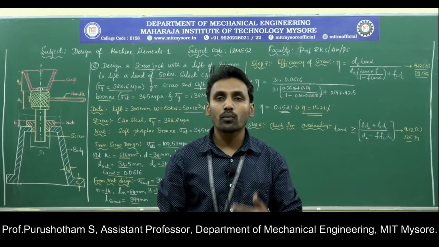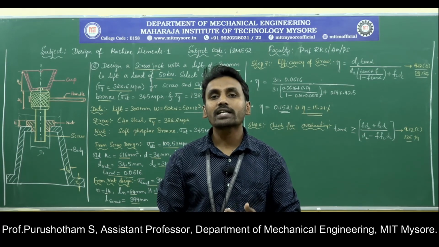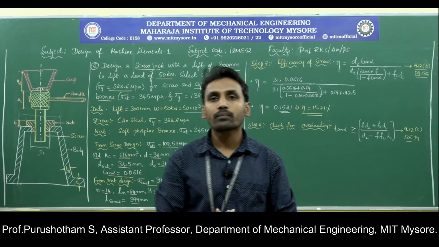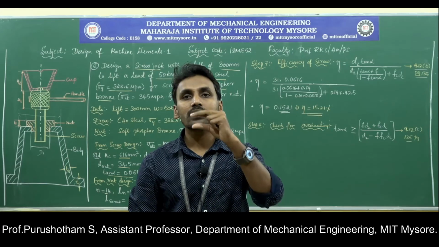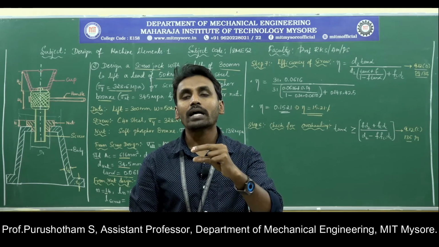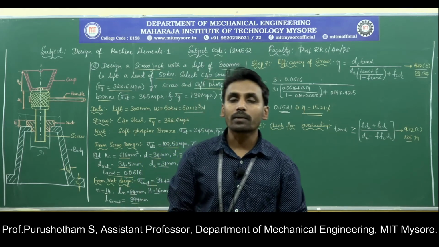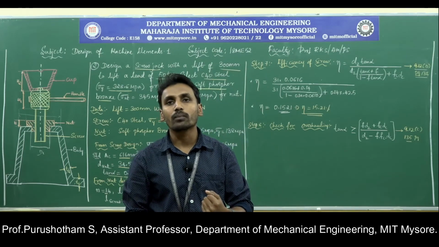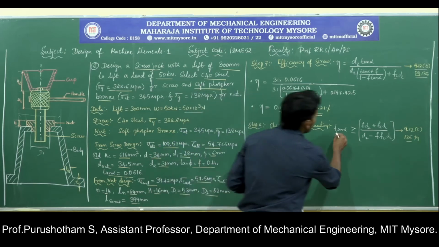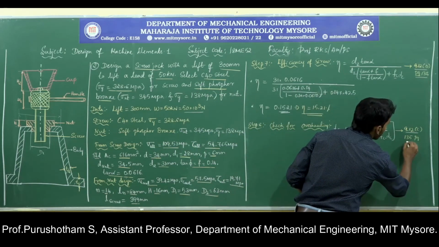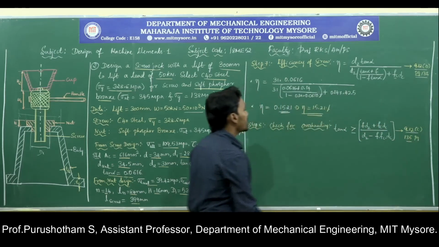The preferable property for the screw jack is self-locking, that means the load has to be sustained unless we apply force. This is given by an equation available in the data handbook 9.12c, page number 135.